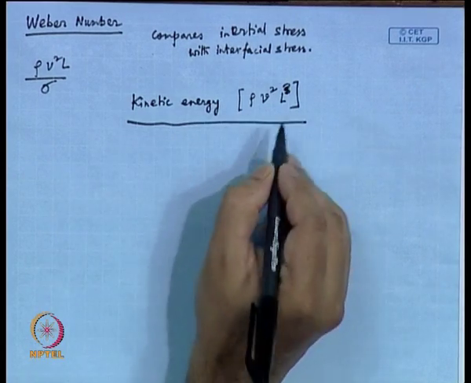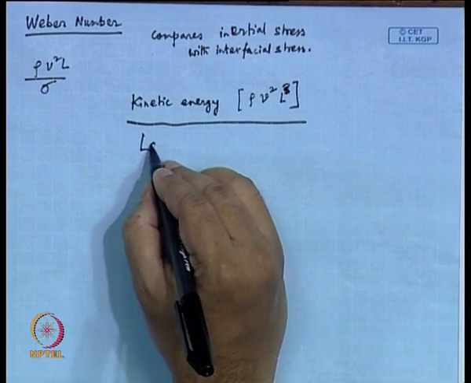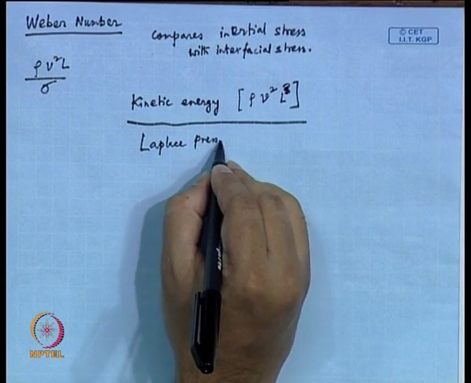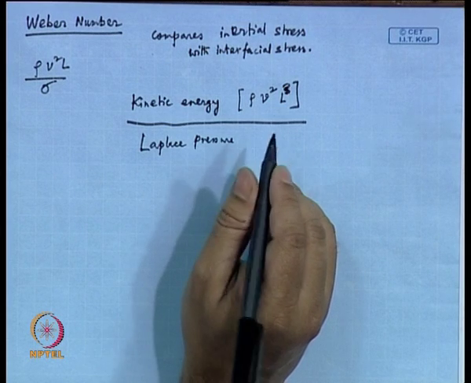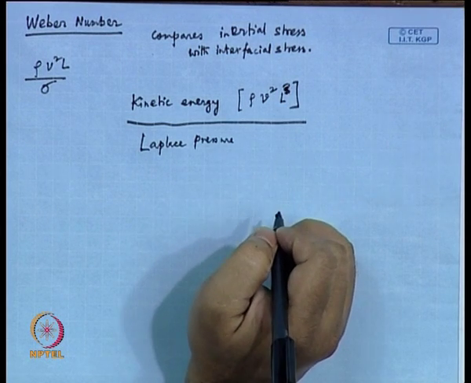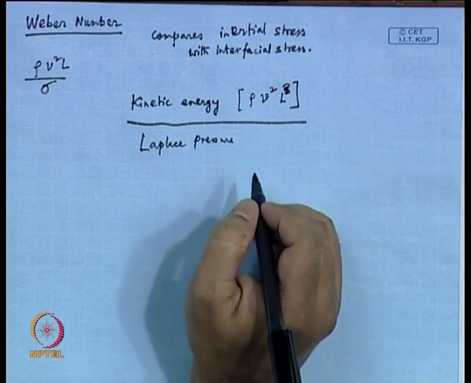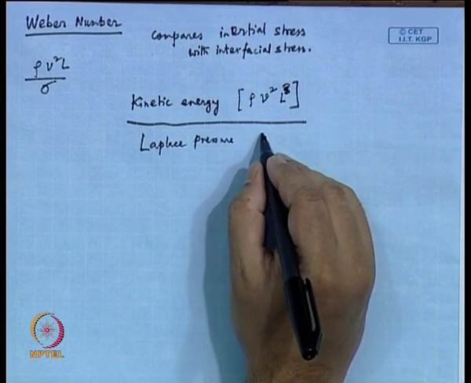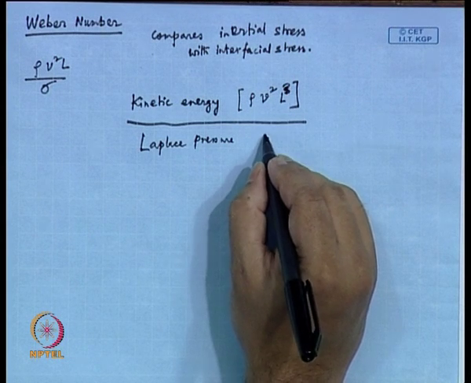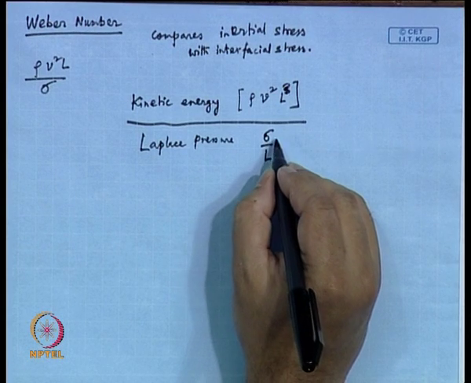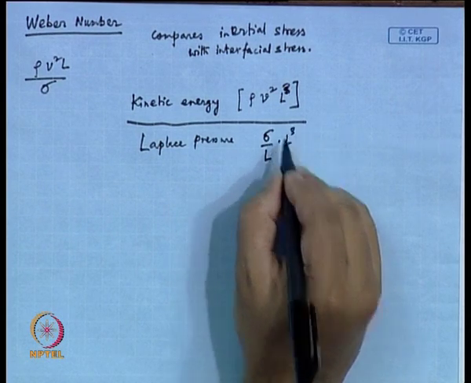That is the kinetic energy, divided by the Laplace pressure, which is not exactly the Laplace pressure. The way we interpret this is, it is sigma divided by L into L cube.